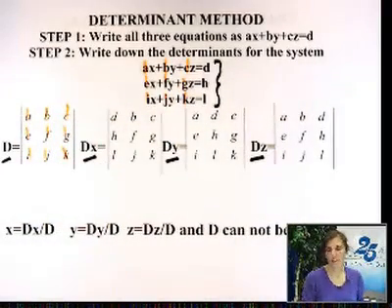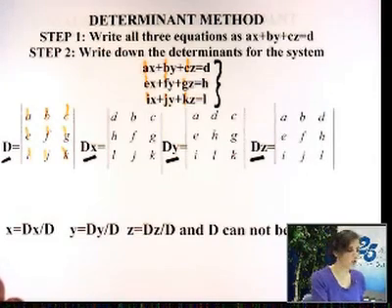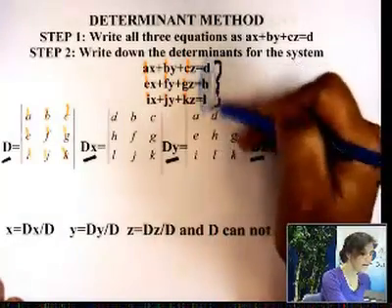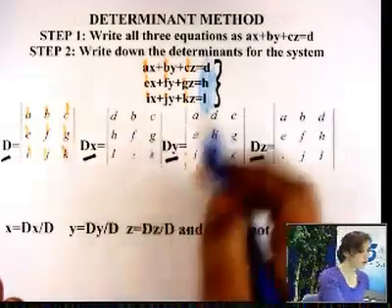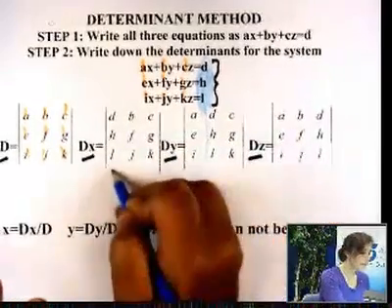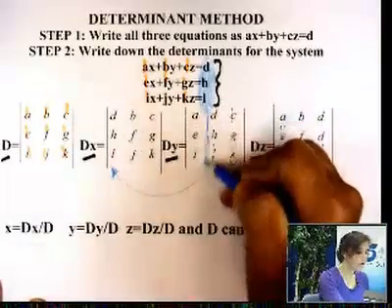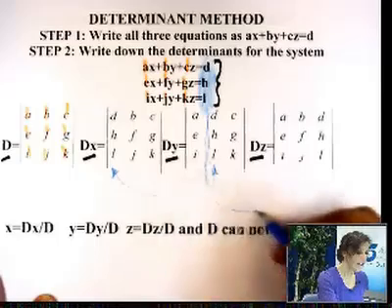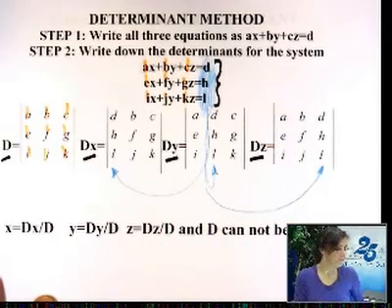So that's pretty interesting. Now that I have that, when I talk about Dx, this is how it's going to go. Do you see that D, H, L right here? That blue is going to go to the x column for the x, it's going to go to the y column for the y, and the z column for the z. Do you see that?